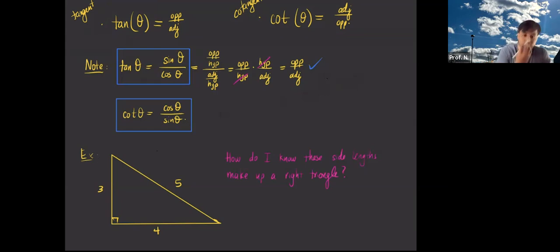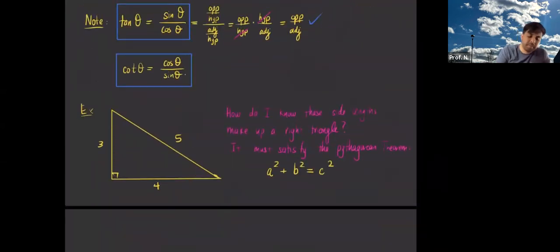Well, you probably have heard this already. It's the Pythagorean theorem. It must satisfy the Pythagorean theorem. And what is the Pythagorean theorem? a squared plus b squared equals c squared. The c represents the hypotenuse.